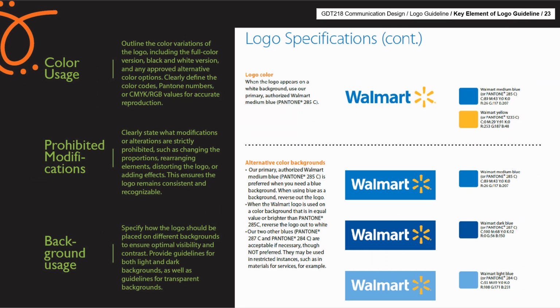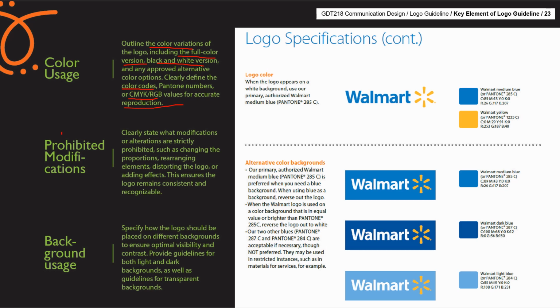Color usage, prohibited modification, and also background usage. So color usage outlines the color variations of the logo, including the full color version, black and white, and any approved alternative color options. Clearly define the color codes, Pantone numbers, or CMYK and RGB values for accurate reproduction.